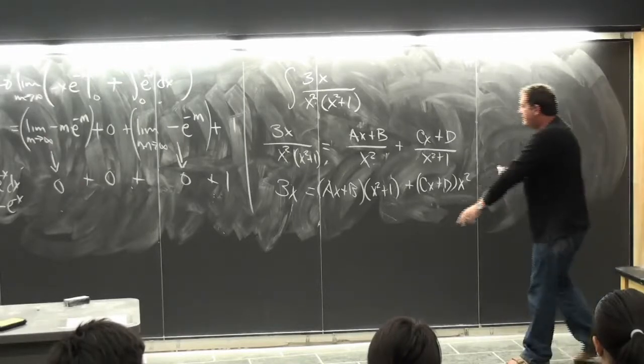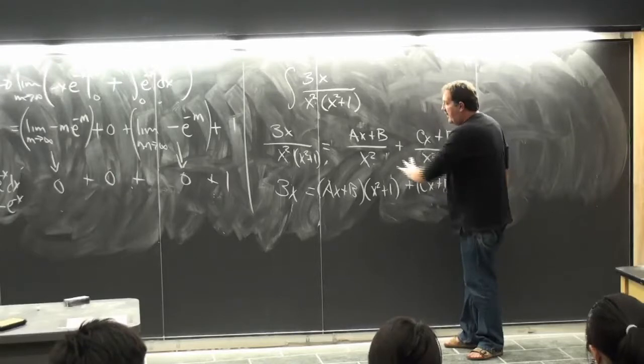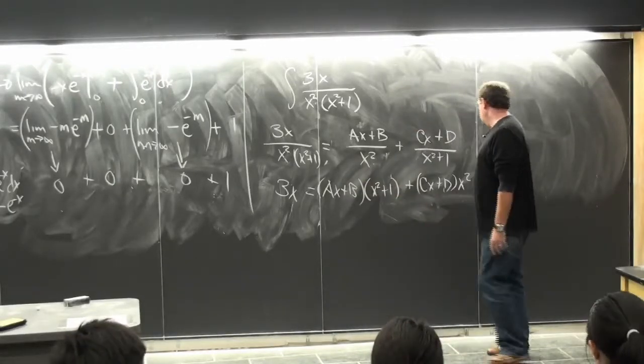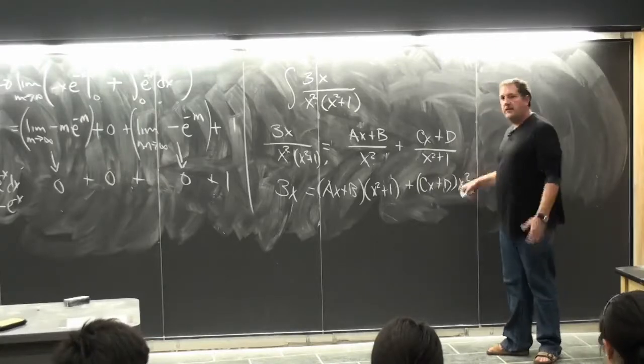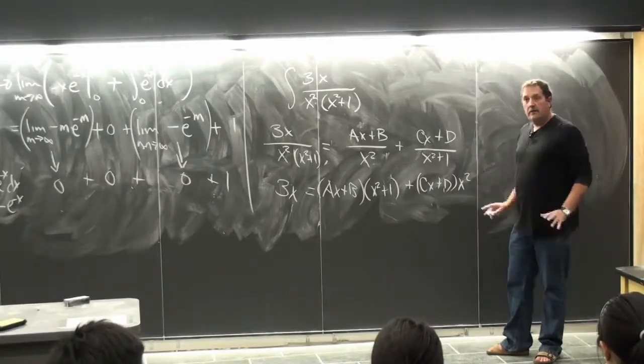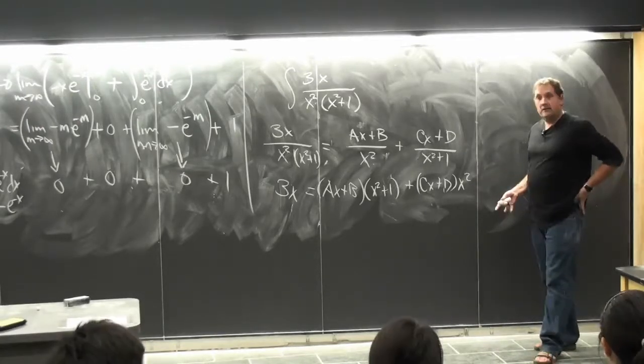Okay, so this has to be true for every value of x. That means that if I multiply everything out, I'm going to get an ax cubed term and a cx cubed term, so a plus c has to be 0. But I can also just pick numbers because it has to be true for every value of x.